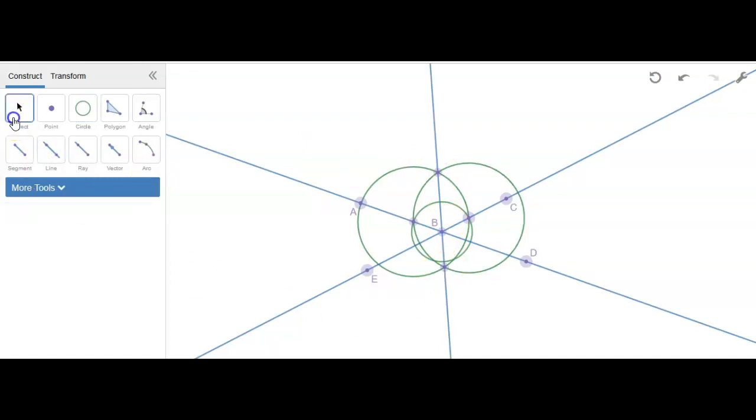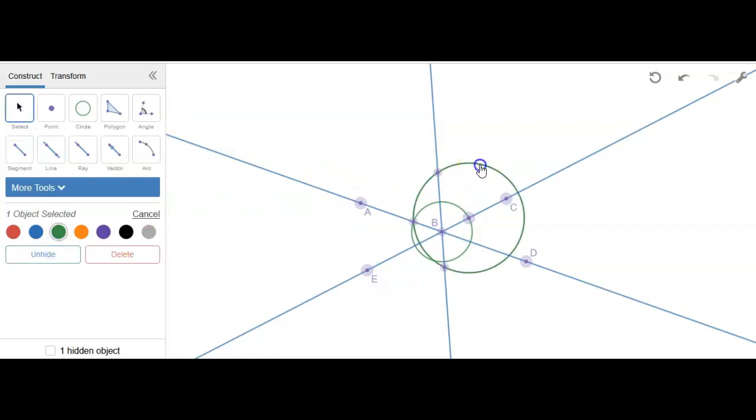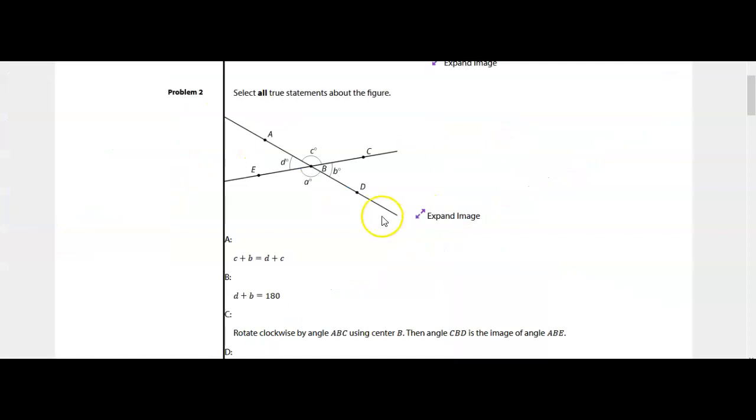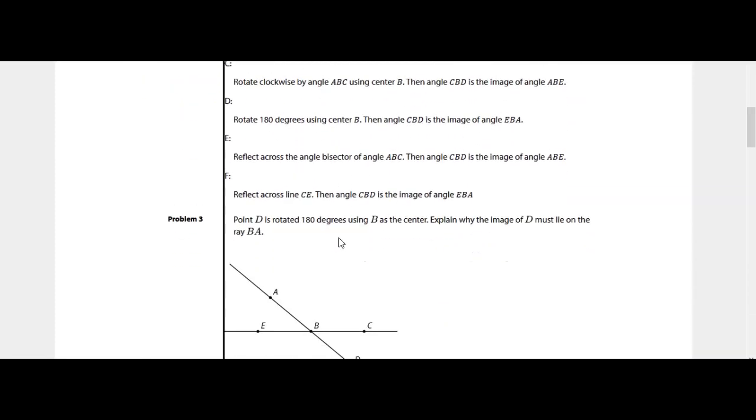And then I'm going to hide these two little circles I've drawn so they're not in our way, and we're going to use that line to reflect over. You can already see that if we take this angle and reflect it over this line, it would be sitting exactly on top of this angle right here. So reflecting across the angle bisector would cause these two angles to sit right on top of each other. So E would be a true statement.